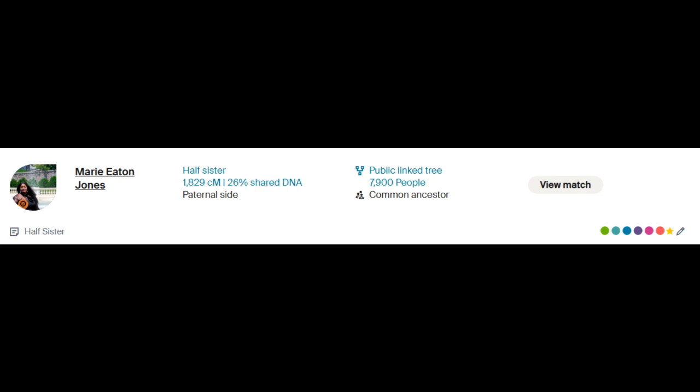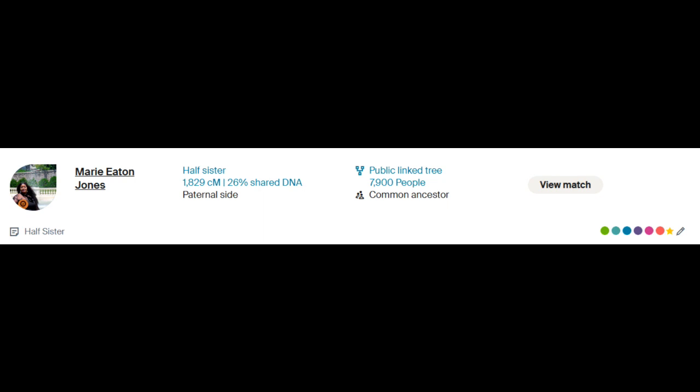These shared segments are divided up into centimorgans. The more centimorgans you share with someone, the more closely you are related, and that's the most important part. I shared previously in another video that the higher your CMs are, the closer you are to that person. The lower, the more distance between you and that person.